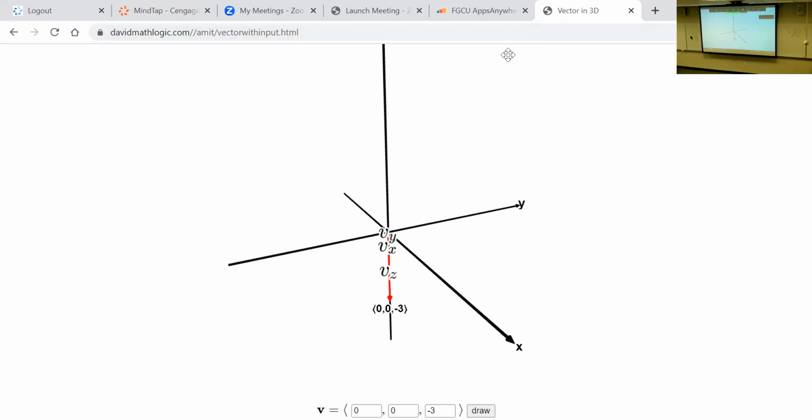I guess I can write it on the side here. It's not an elaborate explanation. I'll draw two different vectors.